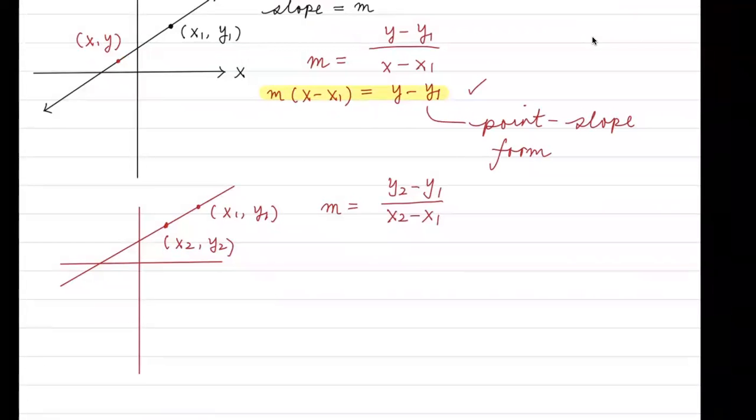Okay, so let me give you some examples. Let's call this example 1. For example, we know a straight line. Let's call this line L1.